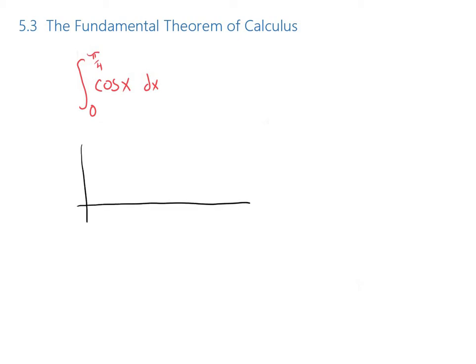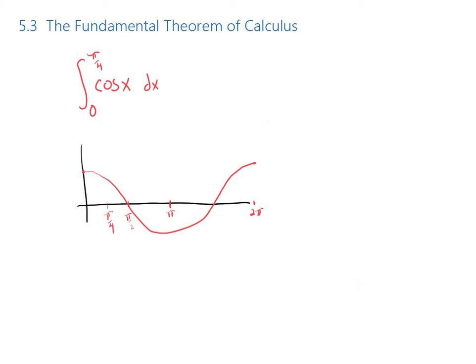We know what cosine looks like as a function. It starts at 0, 1, so it starts here, and then it goes down and back up, and this takes 2 pi to make a full cycle. So there's pi over 2 right there, and pi over 4 is about right there.